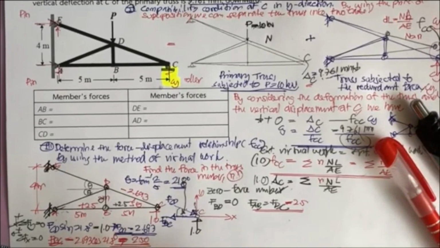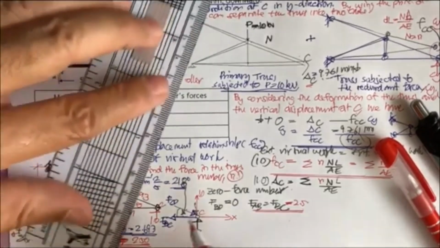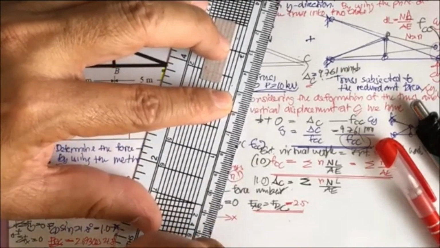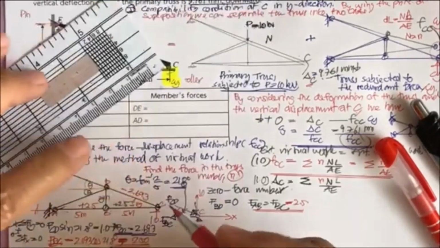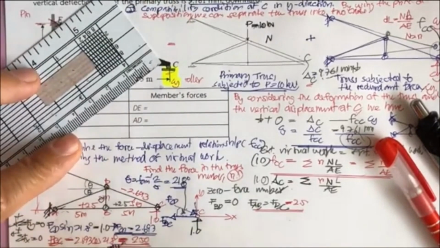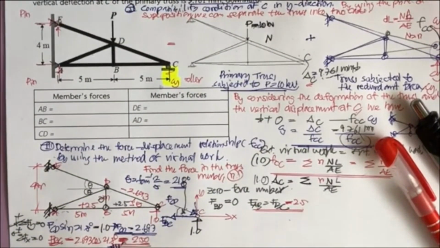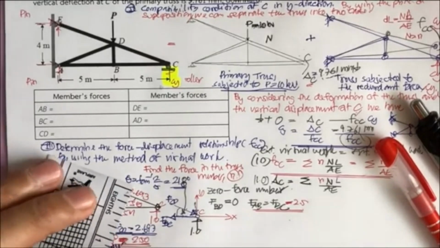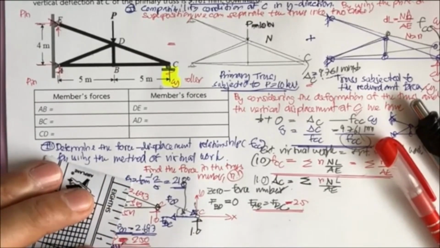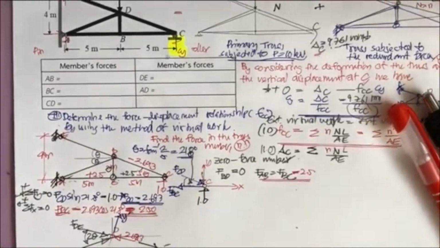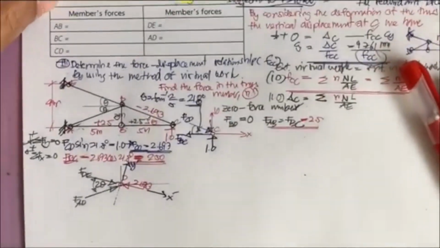It's better to set this one as x prime and this one as the y prime. If you set like this, these two are going to be in the same direction, and this one can be projected into this direction.